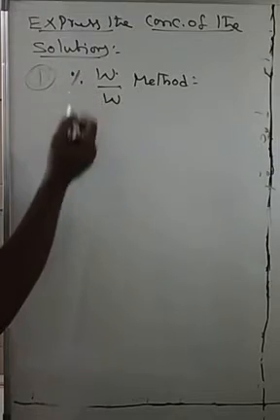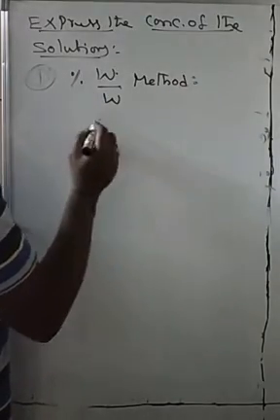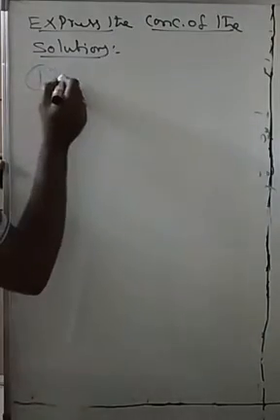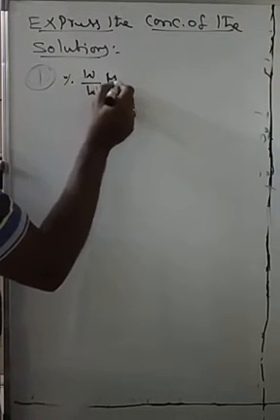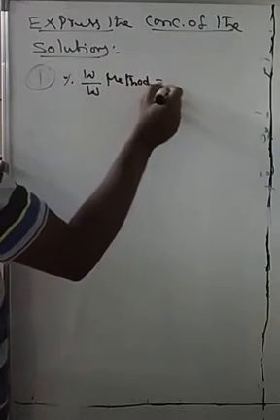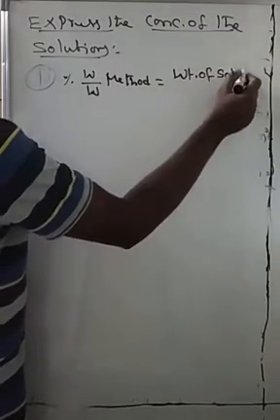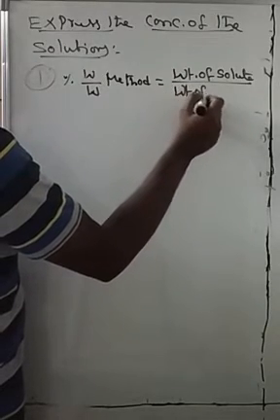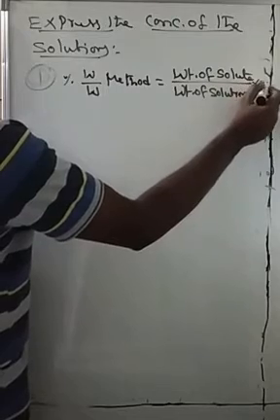Therefore, the formula for percentage weight by weight method is: percentage weight by weight is equal to weight of solute by weight of solution into 100.